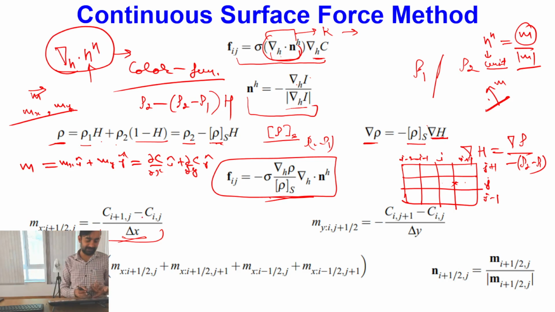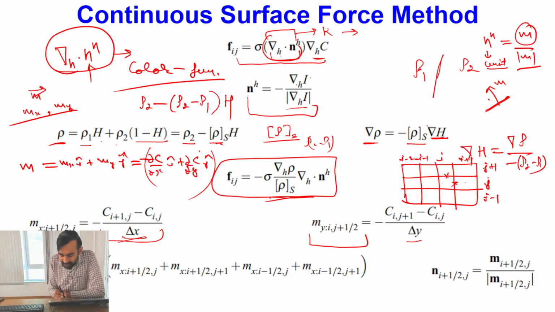And del C by del x using the central difference scheme can be written as C at i plus 1 comma j minus Cij by delta x. Likewise, can you calculate the value of My at face i comma j plus 1 by 2? So it will be C at i comma j plus 1 minus Cij by delta y.